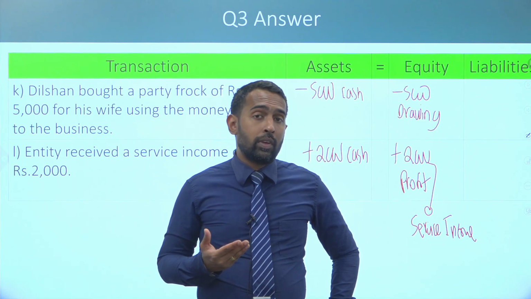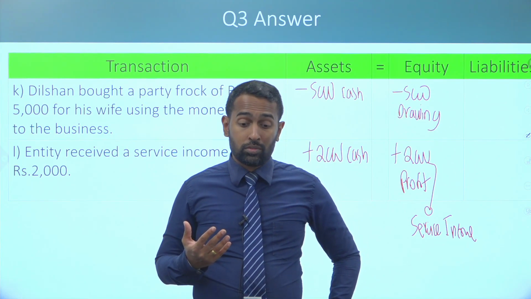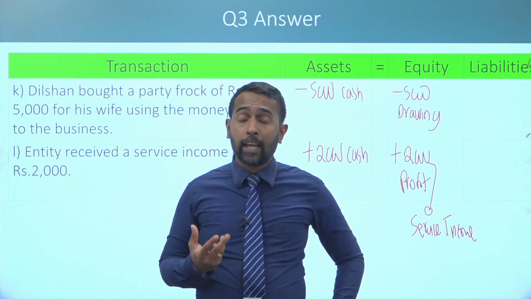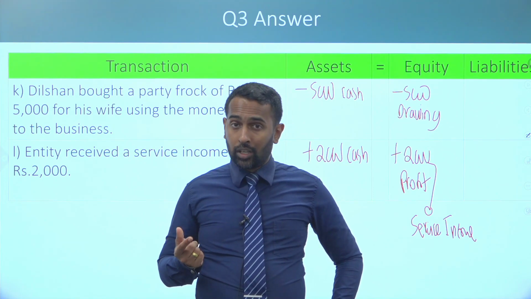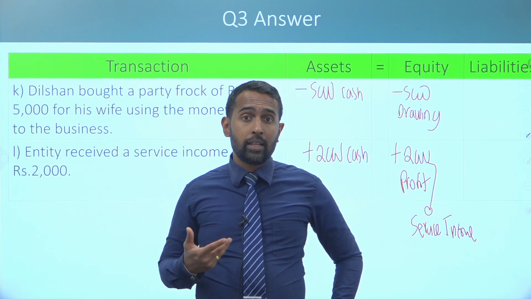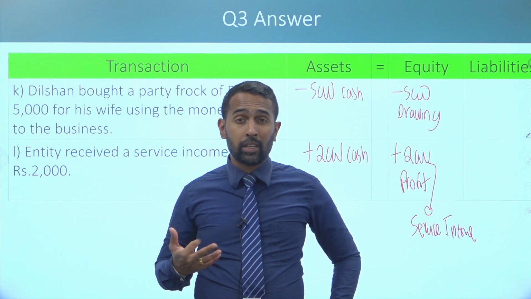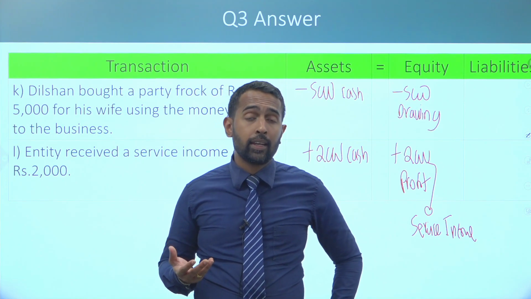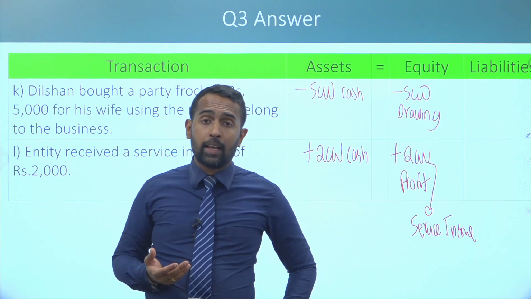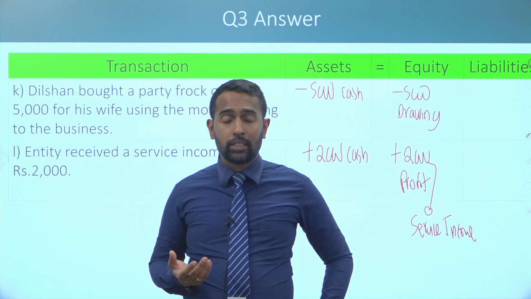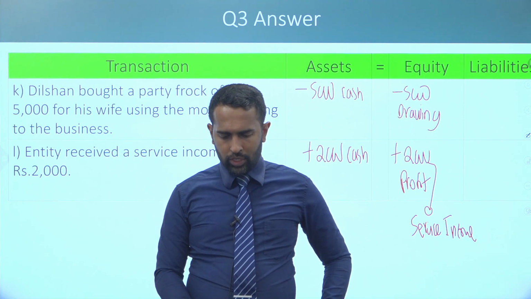Thereafter, we did a few questions and examples to understand how each and every transaction impacts either an asset, equity, or a liability, and how this plus minus effect is working. Right? So I hope you got an idea about this area, and we will do more questions.